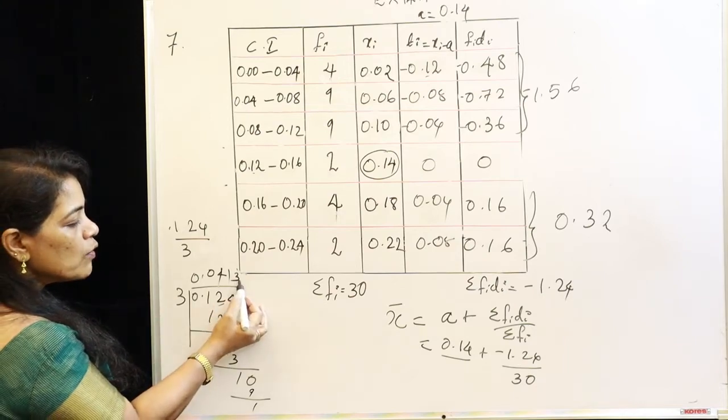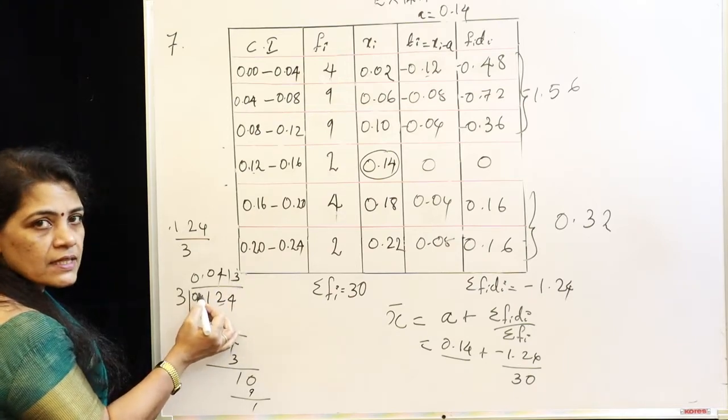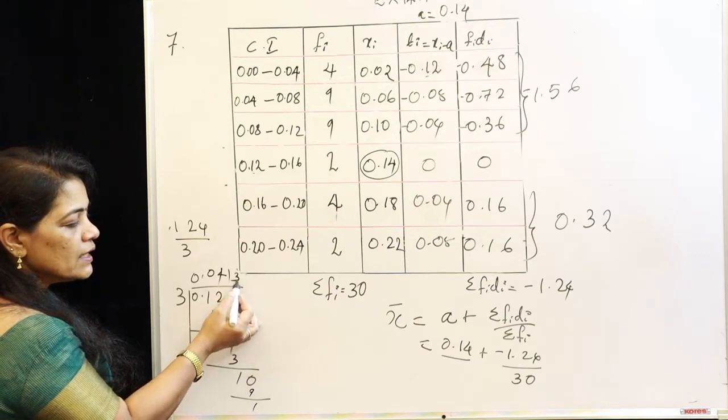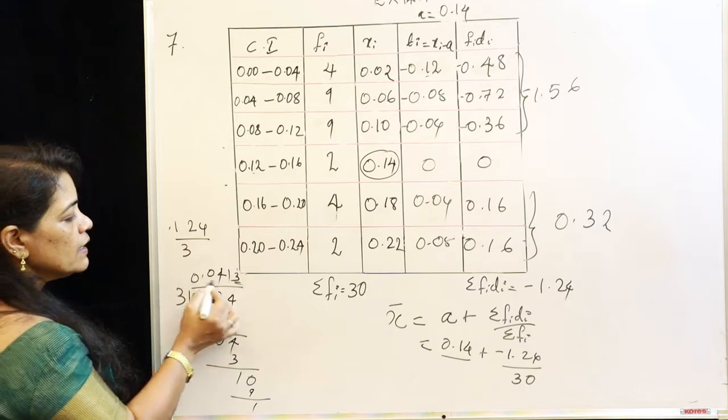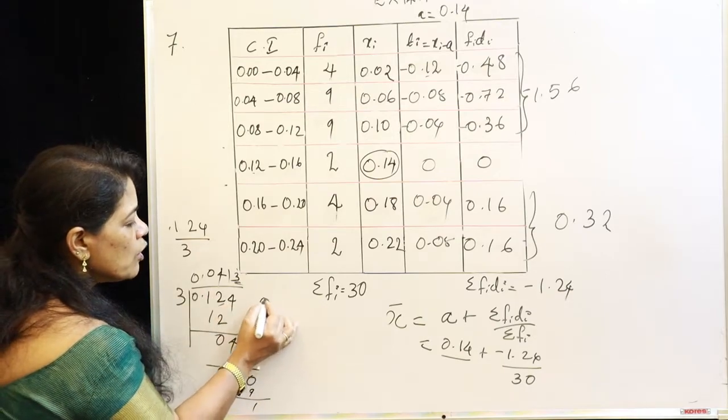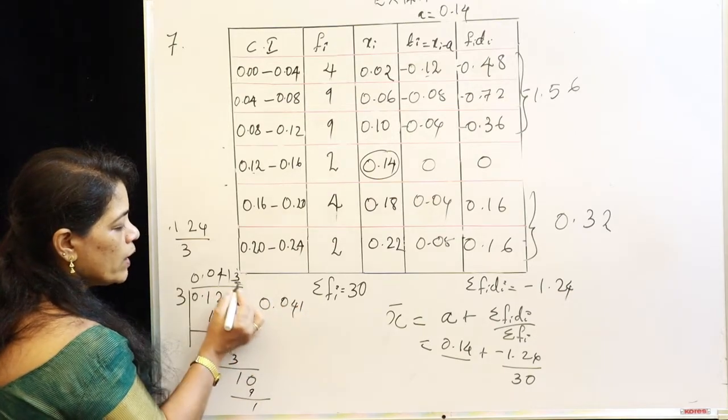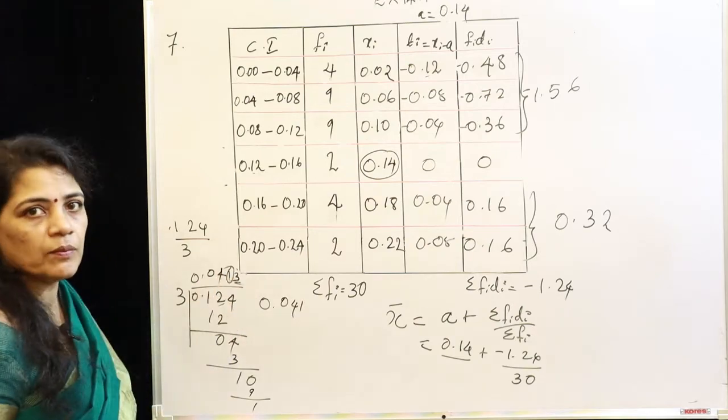Then I am going to round off this number into 3 decimal places by looking into the fourth. That fourth decimal value is less than 5, so we can round off this into 0.041. There is no change in the third decimal place.